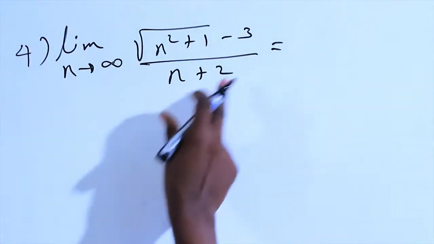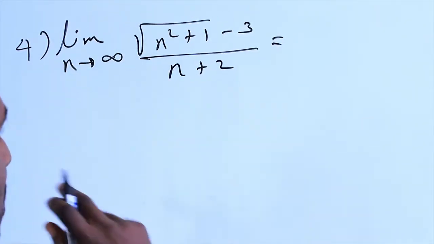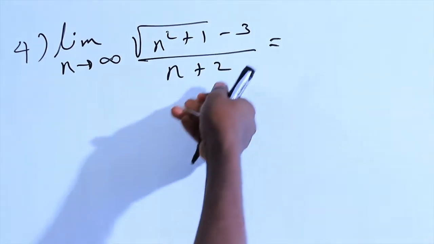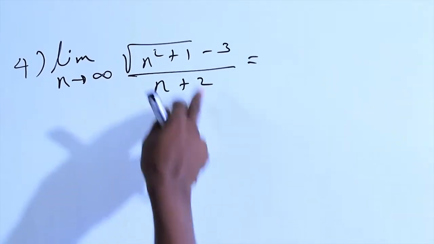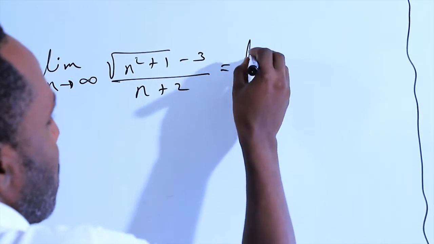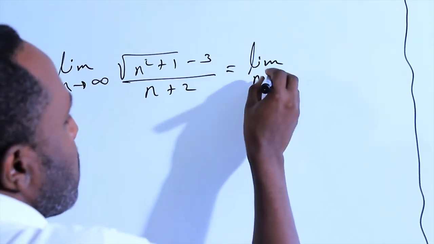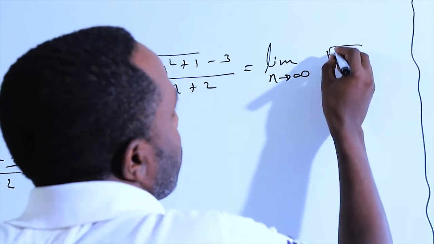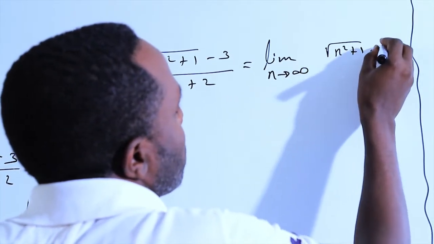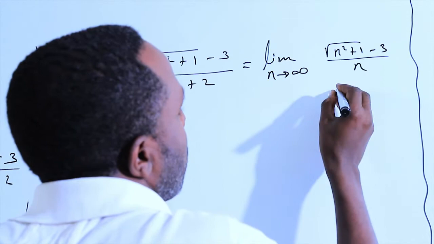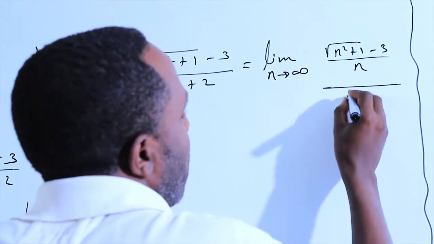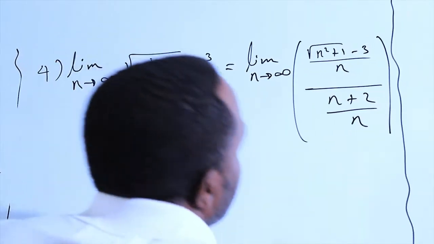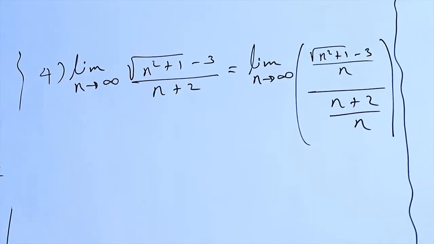So since the highest degree for the denominator is n, we can divide both numerator and denominator, every part, by n. So we can say the limit as n tends to infinity of the square root of n squared plus 1 minus 3 over n, over n plus 2 over n, the whole system, like this.